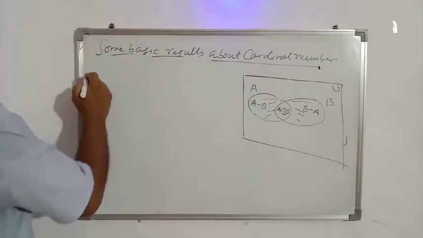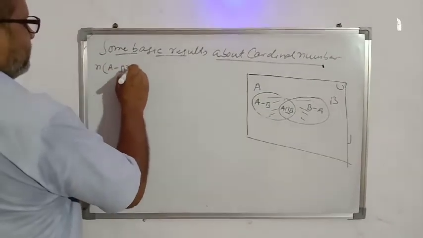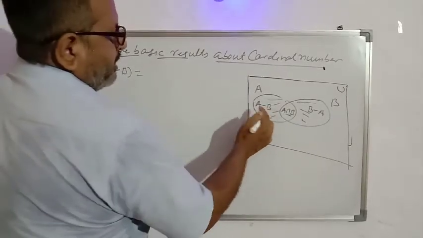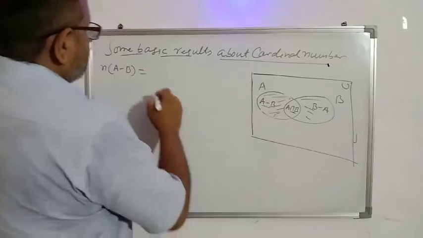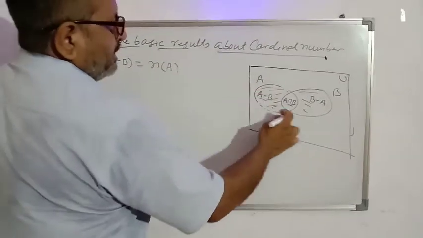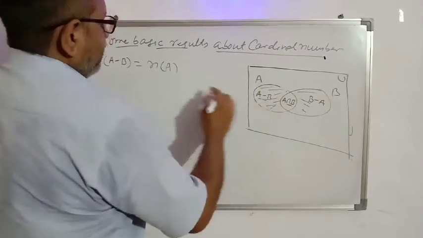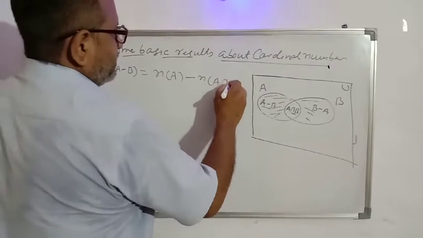Suppose we have to write n(A minus B). What is the cardinal number of A minus B? A minus B means this shaded portion. So we can write n(A), cardinal number of the whole set A, whole circle A, minus n(A intersection B).